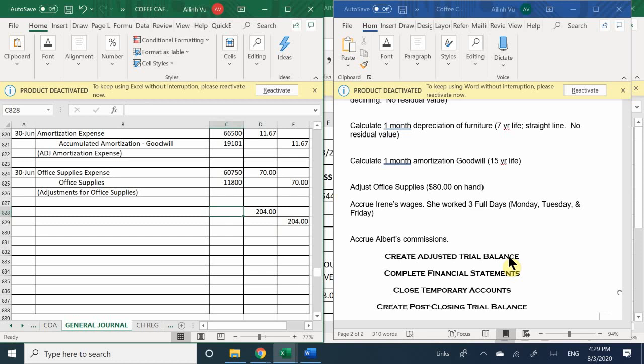And because we're accruing her salaries and wages, we're not paying her just yet. So therefore we owe her money. So what are we going to journalize this as? Irene Jensen and checking? Is there an account called Irene Jensen? No. And we are not paying her yet.